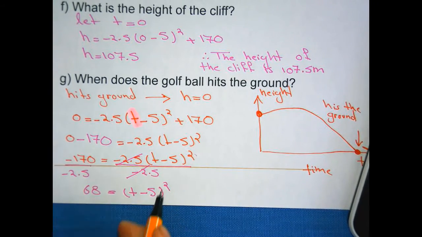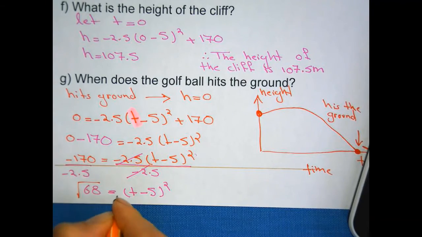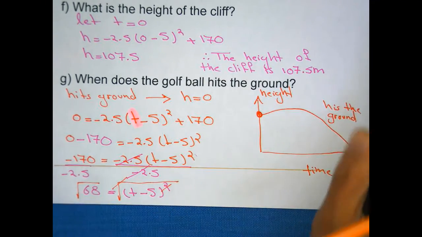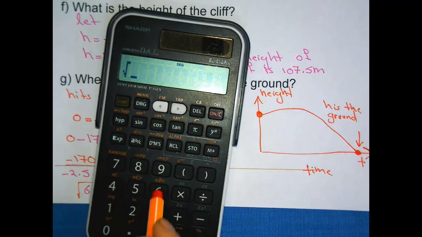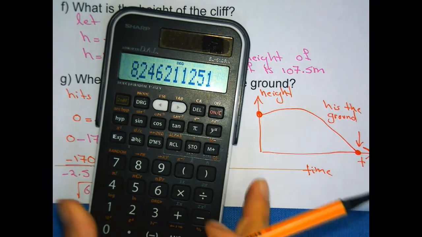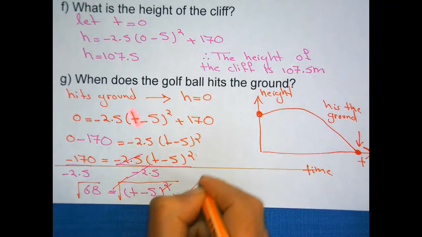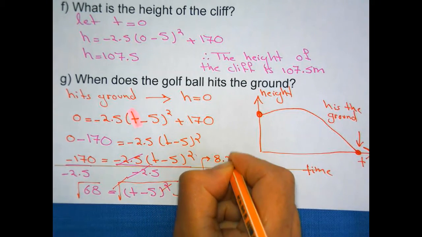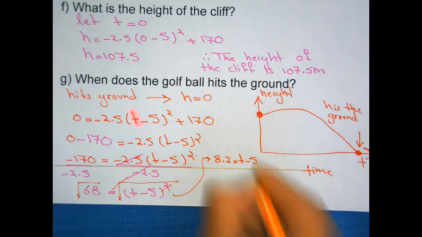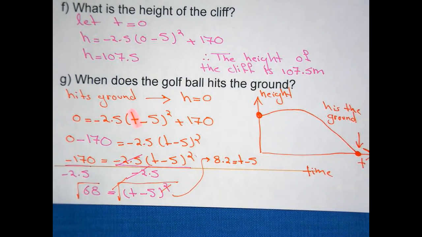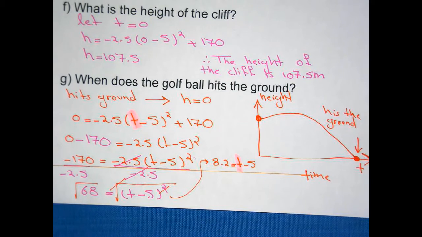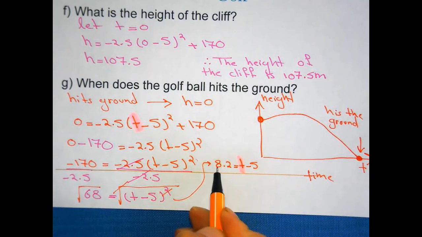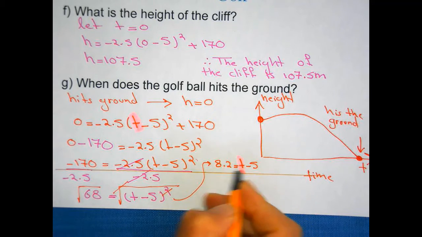Now the opposite of squaring is the square root, so I take the square root of both sides. The square root of 68 is 8.2. So 8.2 equals t minus 5. In order to isolate t, we're almost there, we have to move negative 5 to the other side, so we add 5 to both sides.